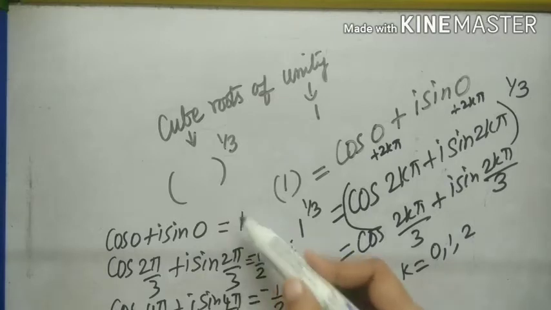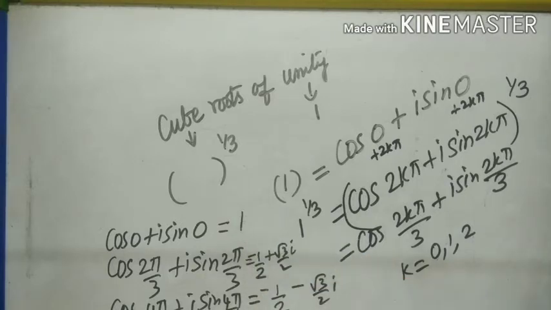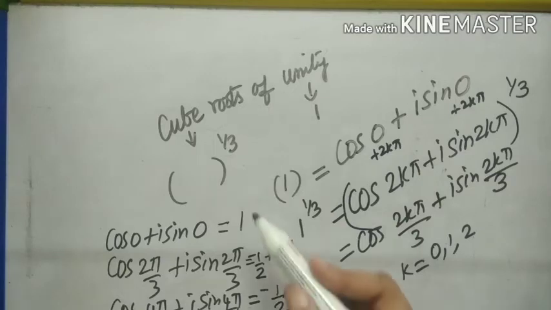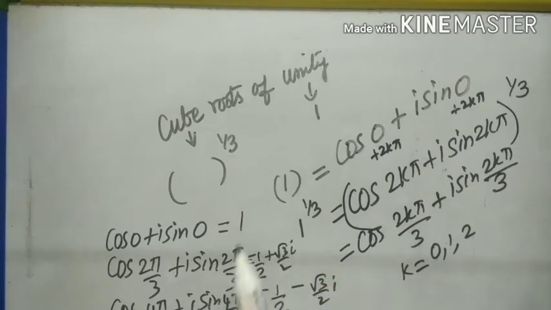So I have the 3 answers for the cube roots of unity. What are the 3 answers? 1, minus half plus i root 3 by 2, and the third answer, minus half minus i root 3 by 2. These are the 3 different answers. Suppose this is 1, and I call this omega, a new letter that we adopt for cube roots of unity.